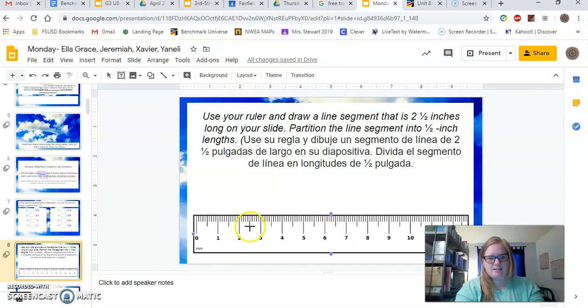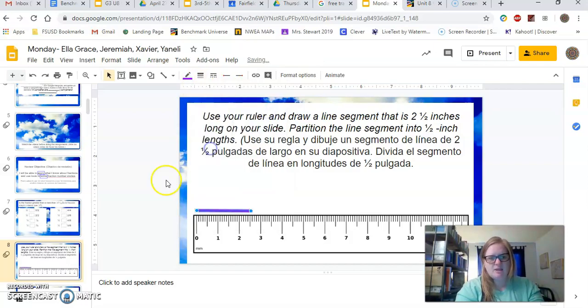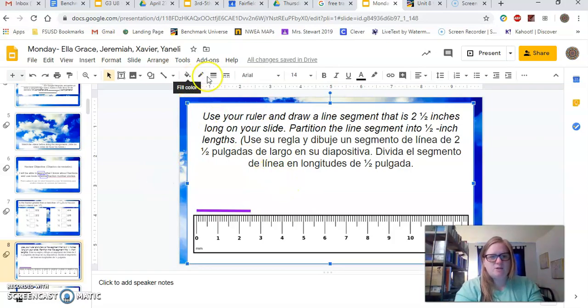So this is where I want my line to end. So I could actually even start it right here as I create my line. And I got to stop it at the 0. All right. And I could change the color. I can make it purple and I can make it thick so that way it's really easy to see using these tools up here. Okay.